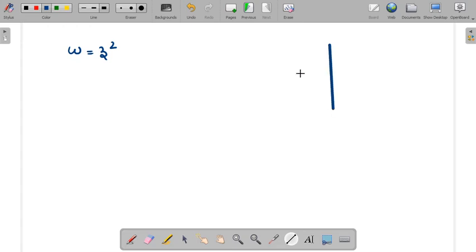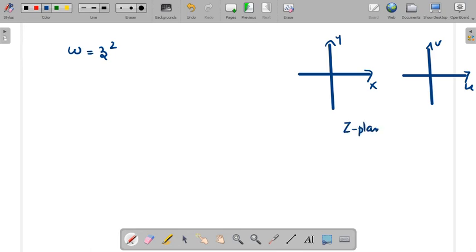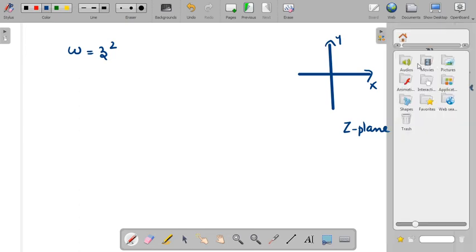So we have the z plane, the w plane, xy, UV. അപ്പോൾ നമുക്ക് ഇവിടെ ഒരു രണ്ട് സർക്കിളിൻ്റെ ഇടയിലത്തെ റീജിയൻ കണ്ടുപിടിക്കണം.